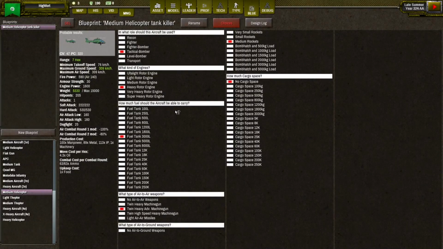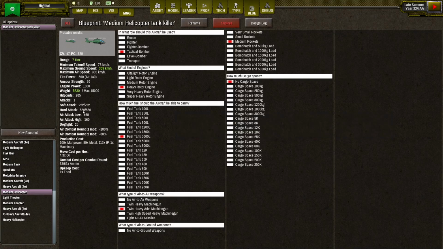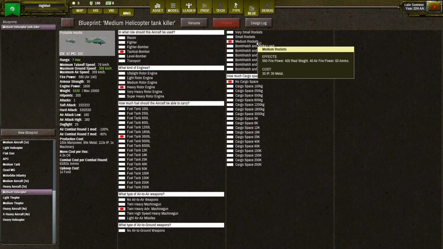Here I would like to show you a design of a medium helicopter, and I named it medium helicopter tank killer. It's using medium rockets, and rockets are good for hard targets. So we have 530 hard attack, and a range of 7 hex could be better, but if you have some problems with enemy tanks, helicopters plus rockets can be a good solution.